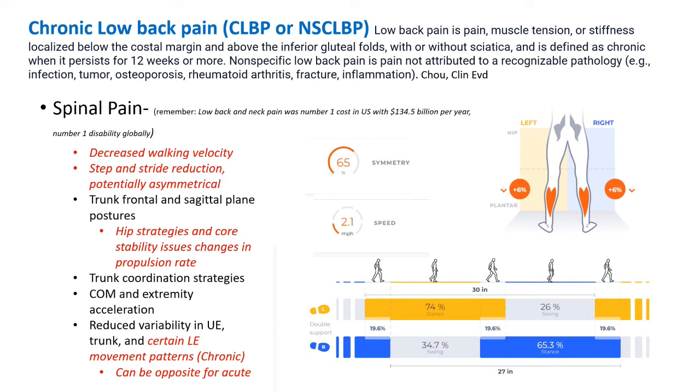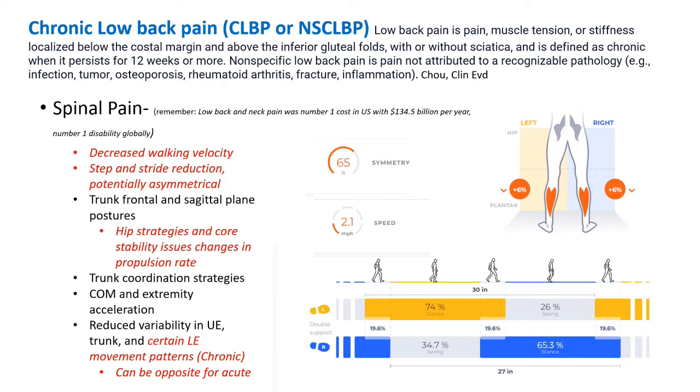Also, when we look at step length, stride length, contact time, and the relative percentages, you may see the asymmetry characteristic, but it's not always quite evident. But you can see here there's a 3-inch difference in terms of the stride length, and we see that your typical 60-40 split on one side is very different than on the other side.